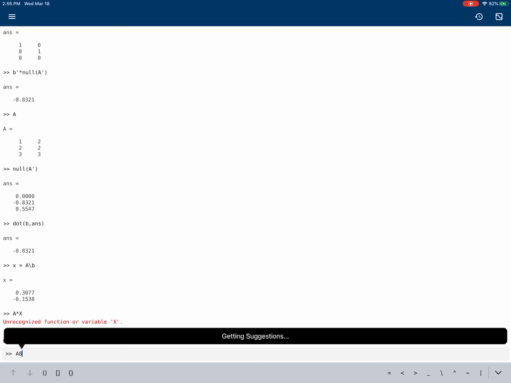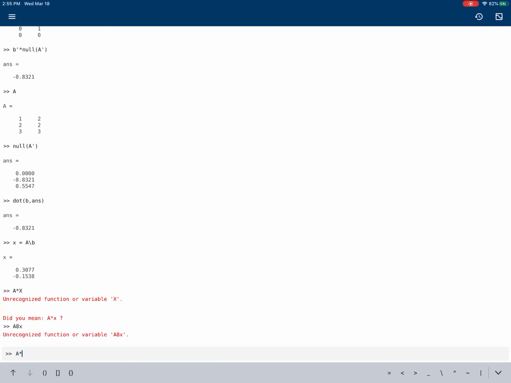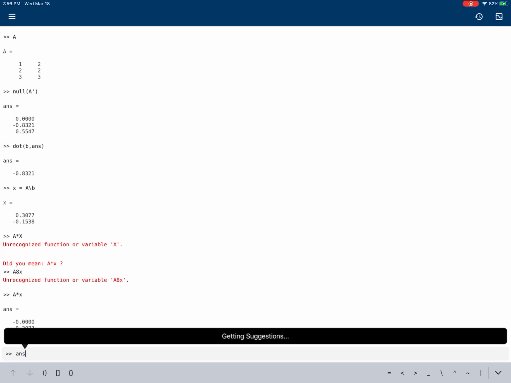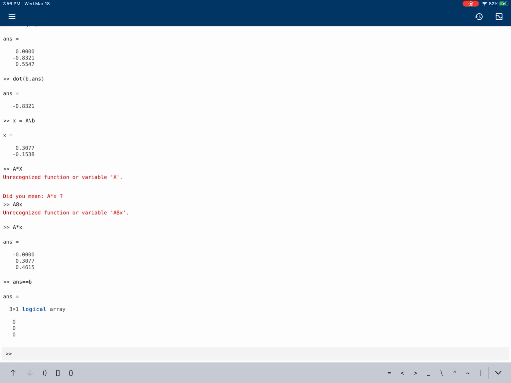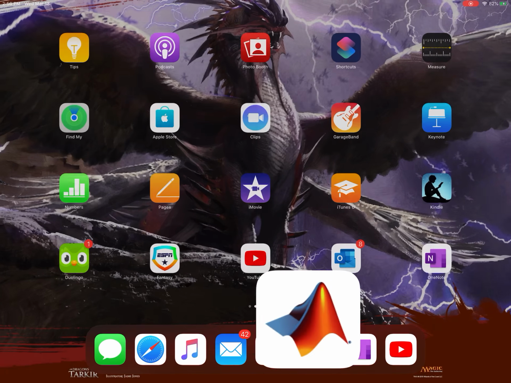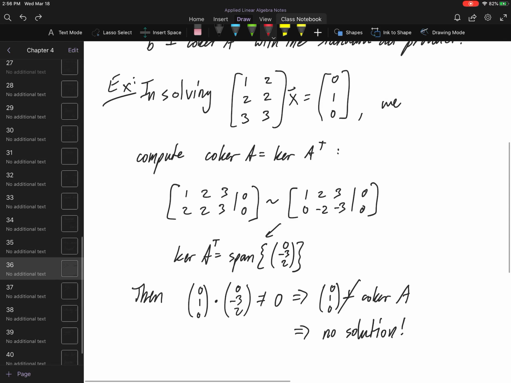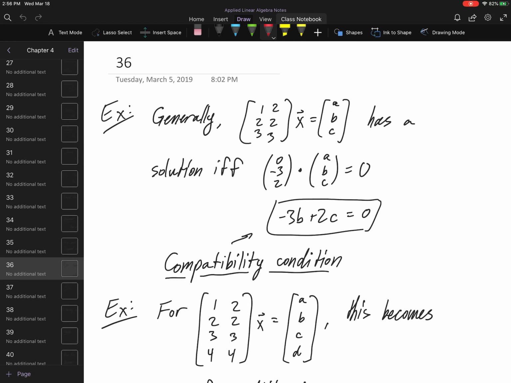If I wanted to solve this, A backslash B is going to give me something, but it's not going to mean anything, because A times little x is not equal to the B vector. It's close in some sense, but it's not equal to the B vector, so this system actually doesn't have a solution. All right.